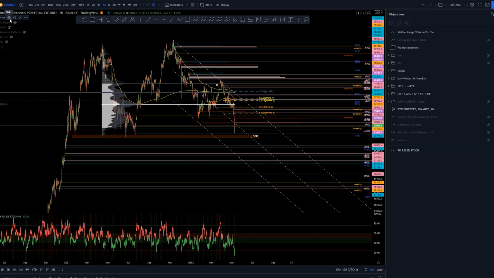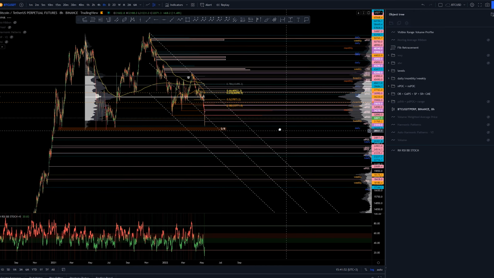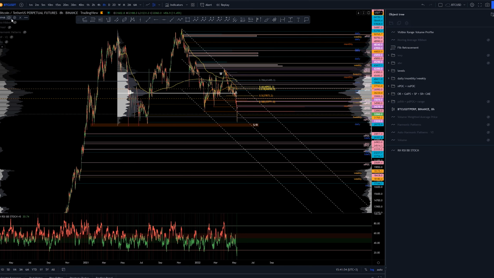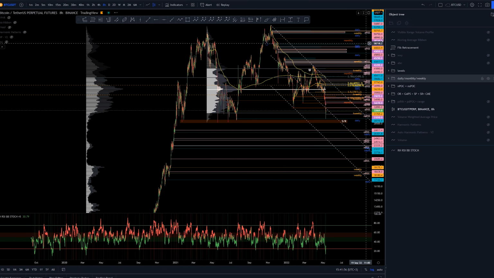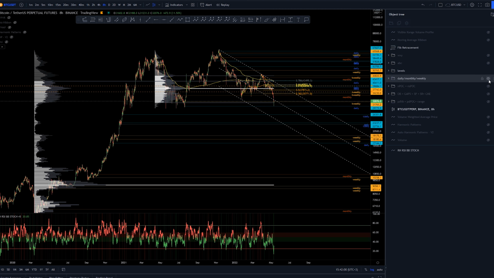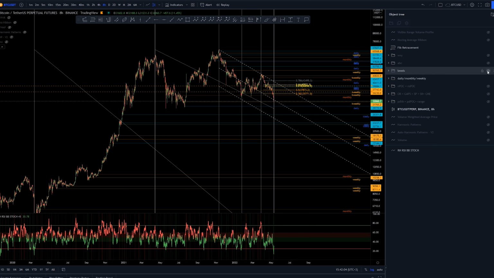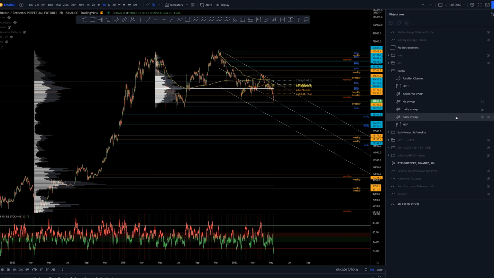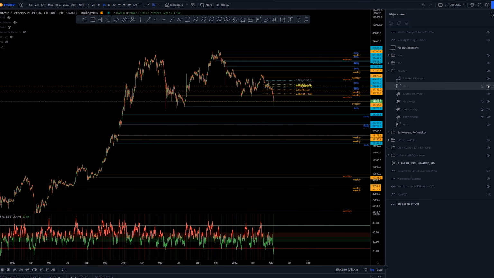Basically, let's check out the volume profile here actually. Let me close this down so we can actually see some. Not all of those. This one, okay.